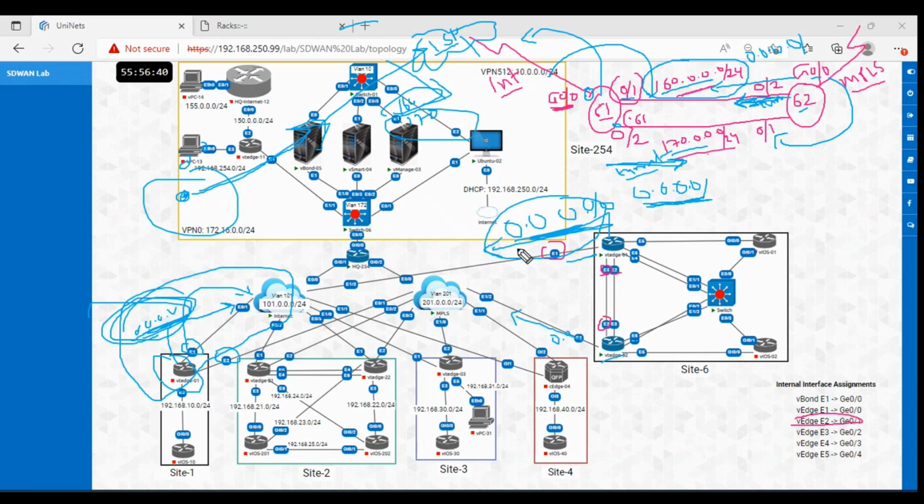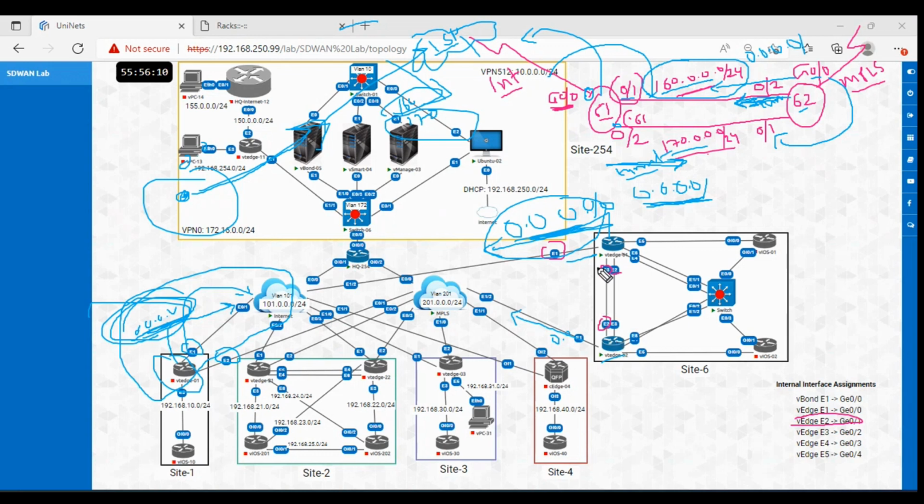Instead, they terminate a single link on each router and configure TLOC extension. This is a one-time activity. You are not supposed to do it again and again, and in the next few years you will probably never get a chance to configure TLOC extension. But if you know how to configure it, you can easily understand and troubleshoot. So let's configure it.